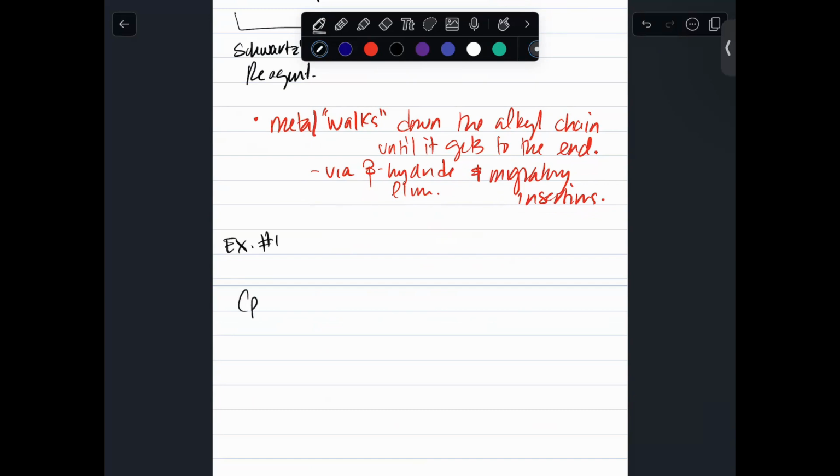I use my Schwartz reagent and I complex my alkene where my double bond is at the end. It does a migratory insertion and I get the product.